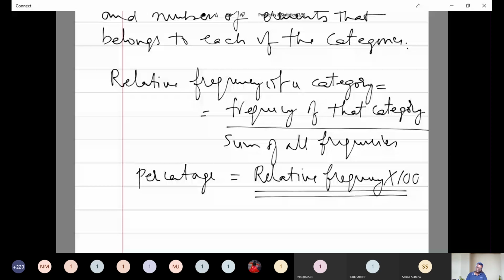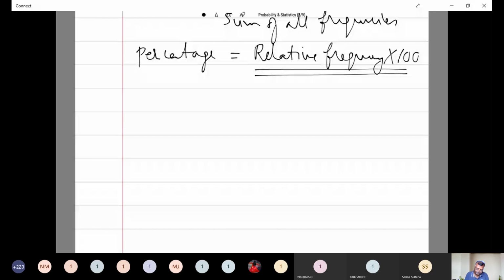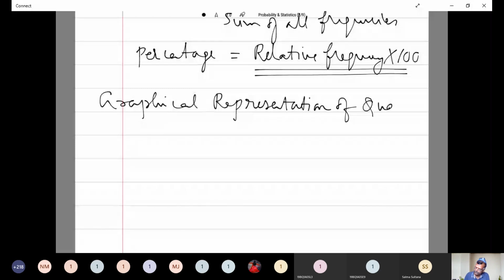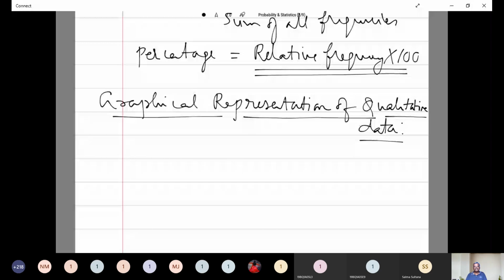Now first, the graphical representation of qualitative data. For this we have to use a bar graph or pie chart.